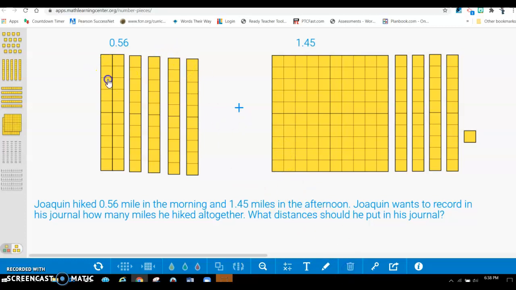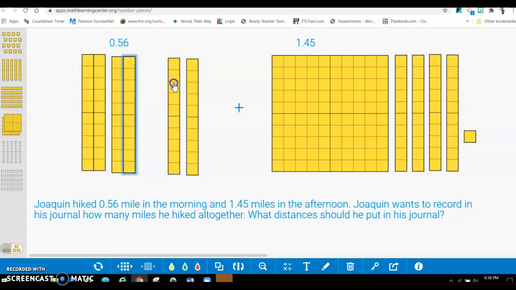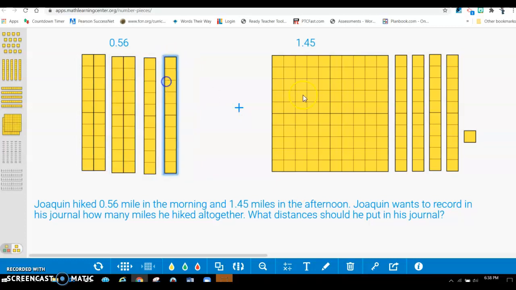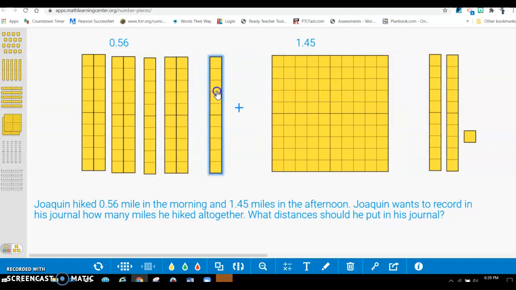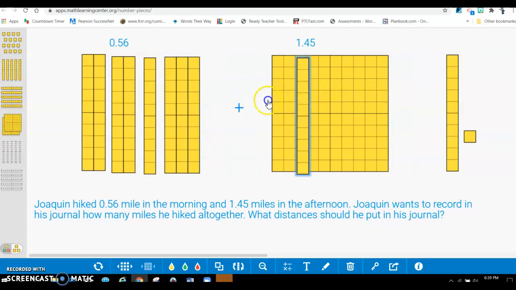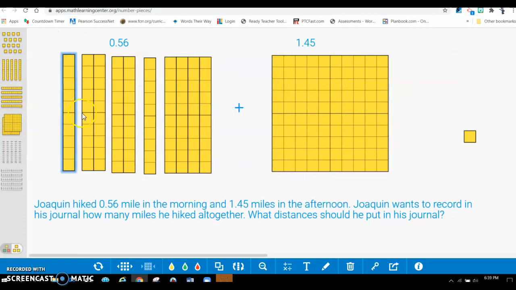We have 1, 2, 3, 4, 5, 6, 7, 8, 9, 10. Oh, so 10 rods.